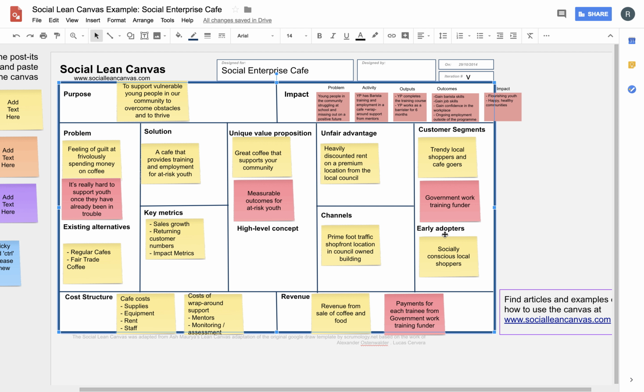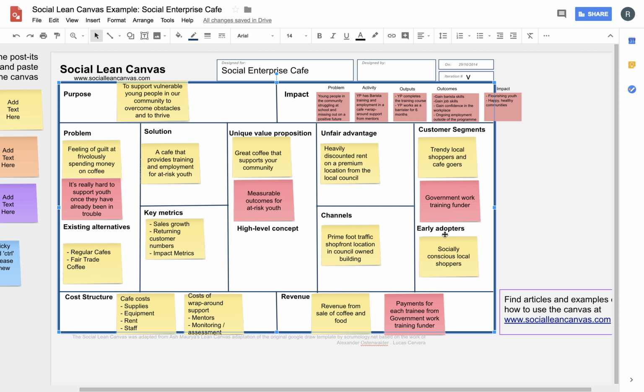And as I mentioned before, this canvas would look very different if we had a different way of delivering impact. If our impact was going to be around providing good, healthy, nutritious meals to people that couldn't afford them, if that was going to be our impact model, our business model would look very different as well. Our customer segments wouldn't necessarily be trendy local shoppers that have lots of money. They're going to be people in the local community that need nutrition but don't have the money to pay for it.